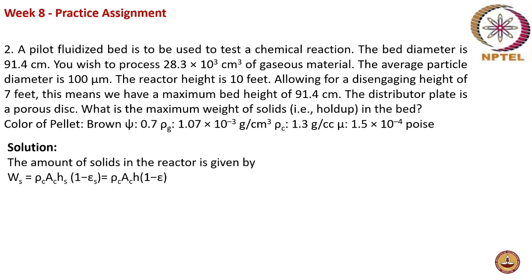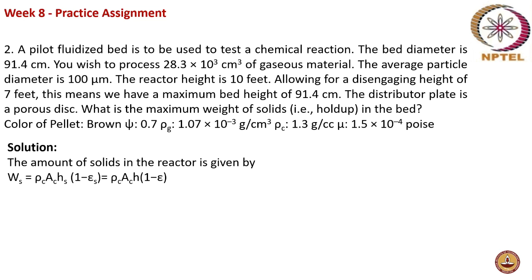That is what is the case in the fluidized bed reactor. So this weight is given by rho C into AC into Hs into 1 minus epsilon S, that is equal to rho C AC into H into 1 minus epsilon.